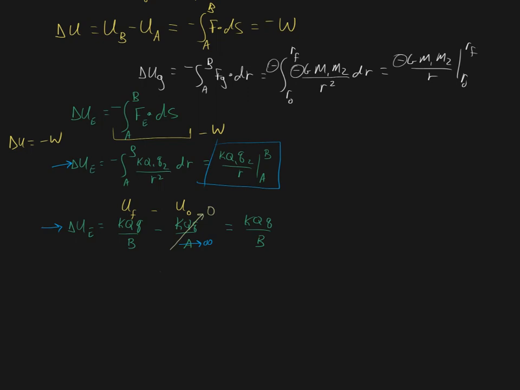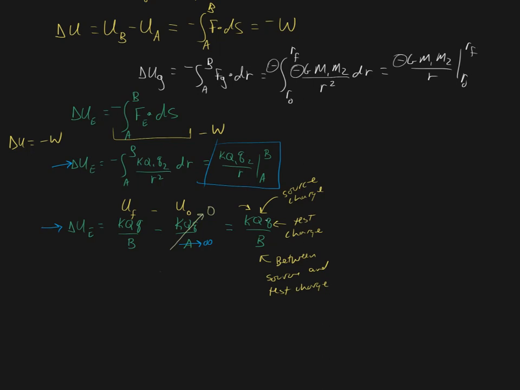So when we look at this expression, this is just Coulomb's constant right here, but this capital Q I'm using as the source charge, and this little q, or Q2, is the test charge. And so this B is the distance between the source and the test charge.